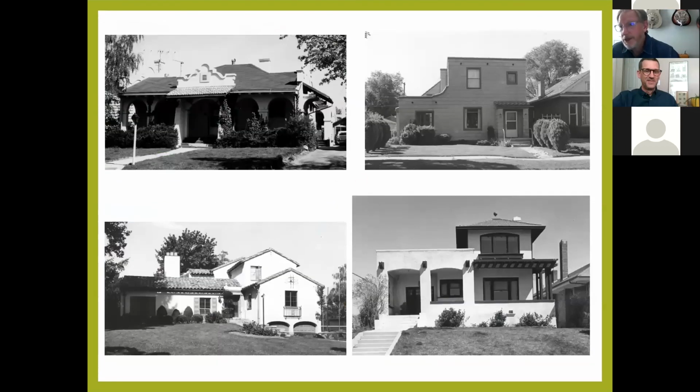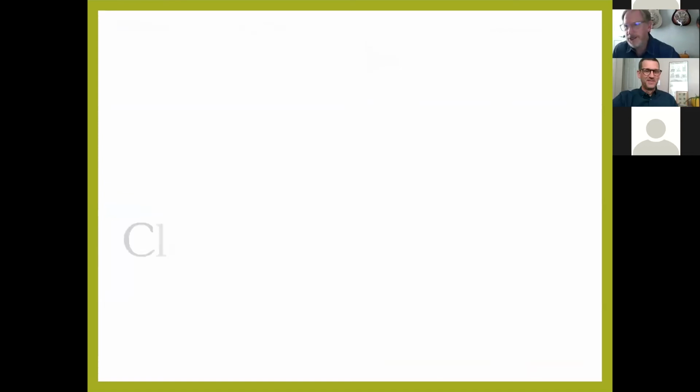Some other examples: mission style, Spanish colonial, Pueblo. Really, this should have stucco on it to be a true Pueblo style, and this one's got Pueblo influence on it. So you run into these all over the place in Utah, the period cottages.